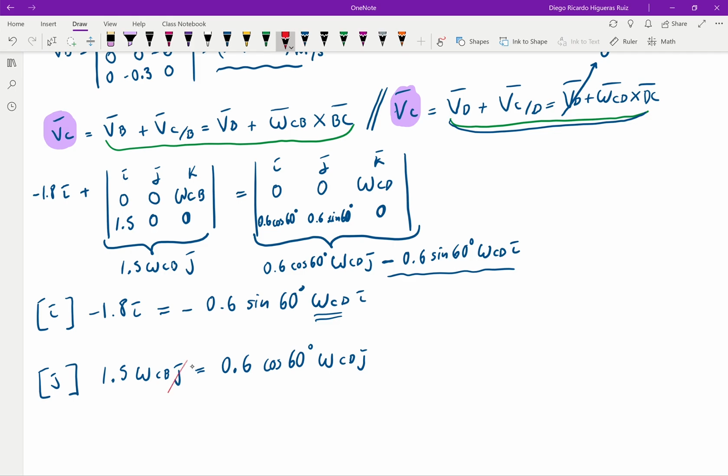Okay, two things that I can tell at this point. First of all, J cancel out, I and I cancel out, minus and minus cancel out right there, and I can tell that my sign assumption at the beginning of the problem was right, because my omega CD and my omega CB are going to be positive, so that means my assumptions were correct.